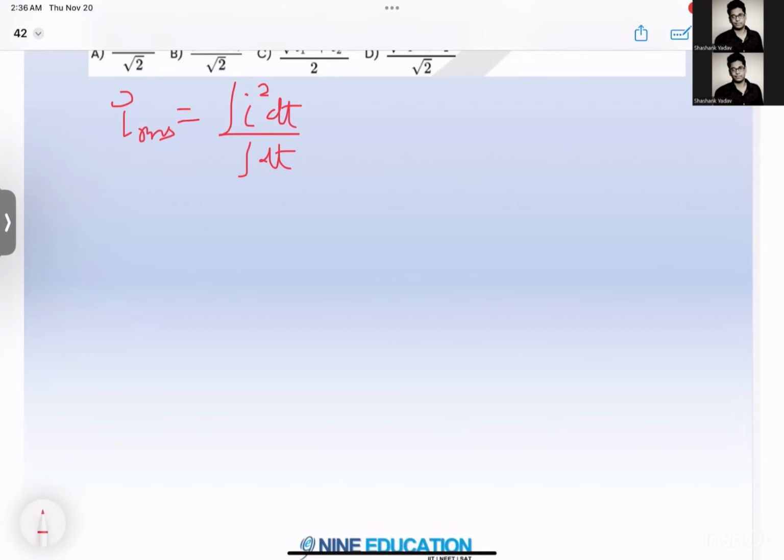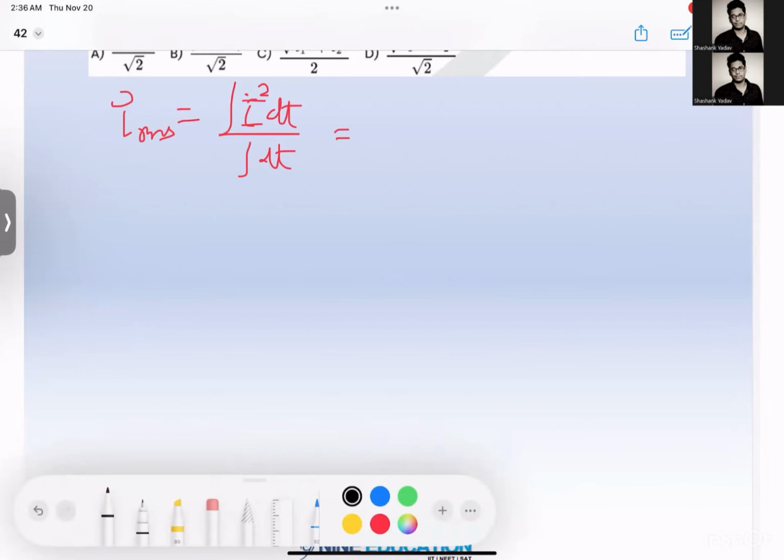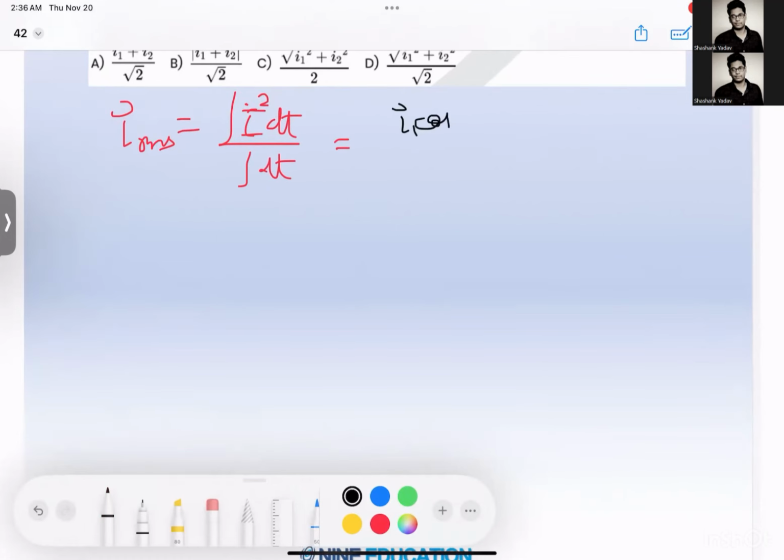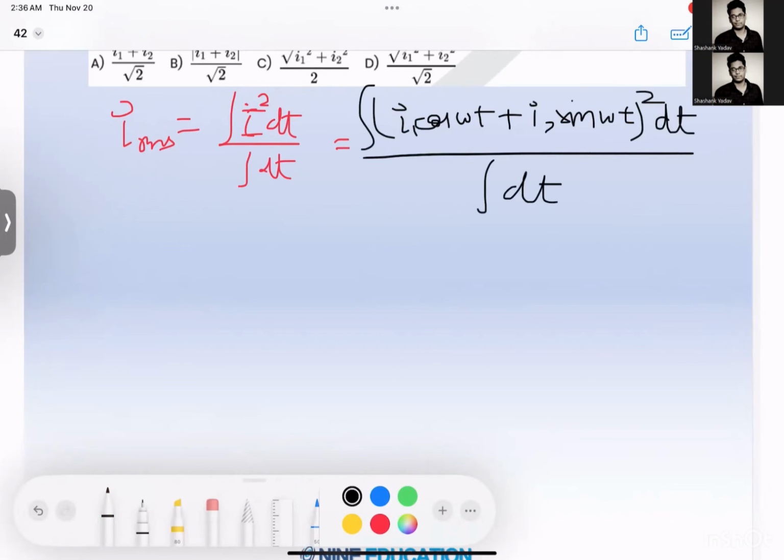Here, instead of I, we will write integration of I1 cos omega t plus I2 sin omega t whole square dt, divided by integration dt.